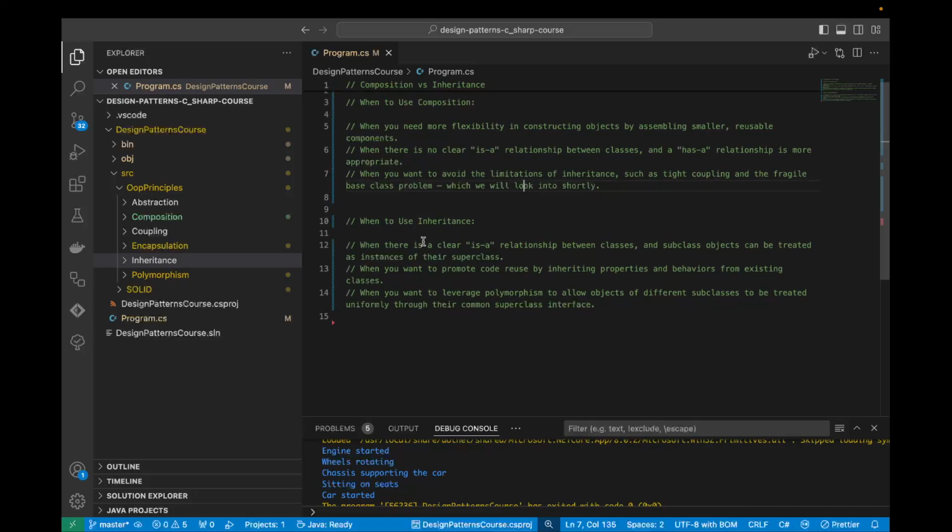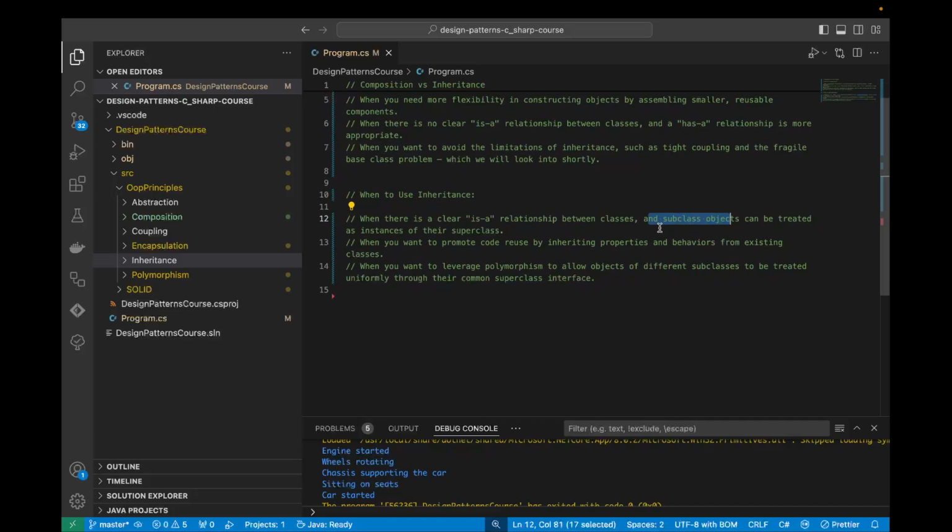So you should reach for inheritance when there is a clear is-a relationship between classes, and subclass objects can be treated as instances of their superclass. So, for example, a circle or a square can be treated as shapes, which is their superclass.